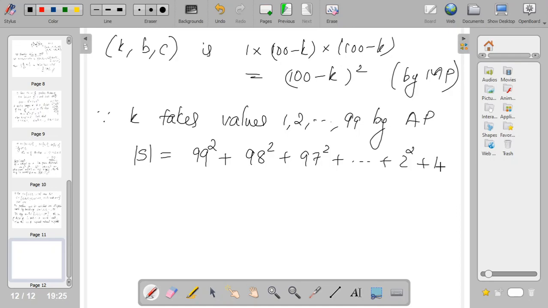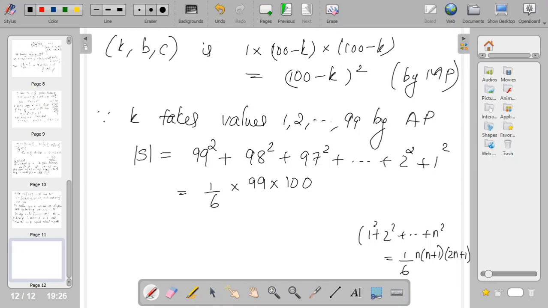So this is in the form 1 square plus 2 square plus etc., n square. So the sum is 1 by 6 into n into n plus 1 into 2n plus 1. So here n is equal to 99. So you will get 1 by 6 into 99 into 100 into, and 2n plus 1 will be 199.